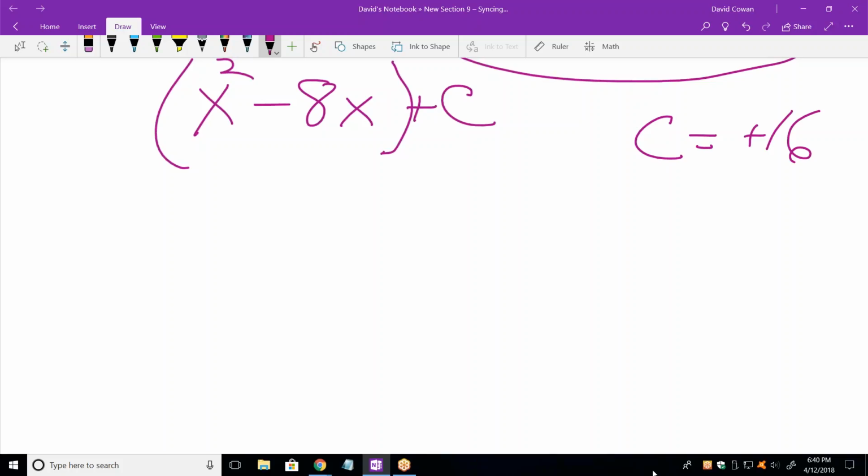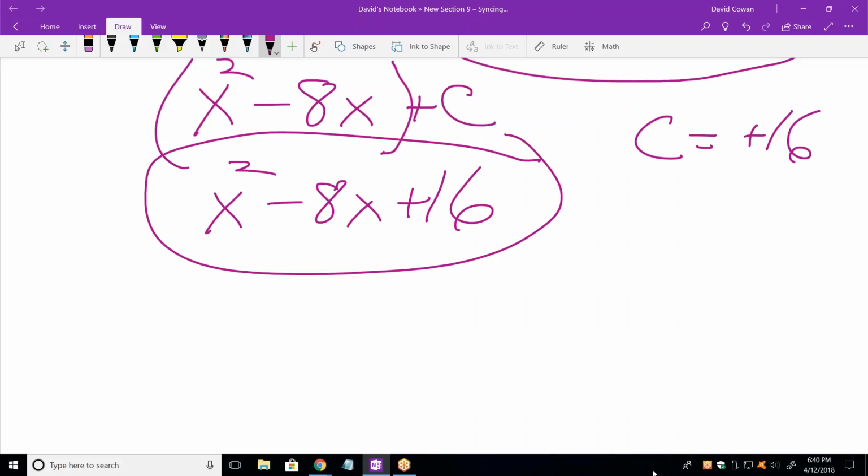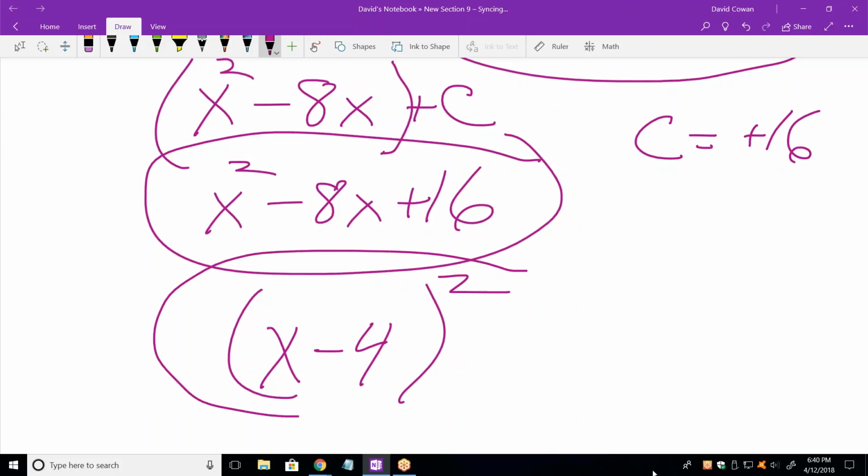In other words, if c is 16, then that's completed the square, because the whole reason you complete the square is so that you can state it as a linear term squared. You will always be able to express it like that, and that's why it's valuable.